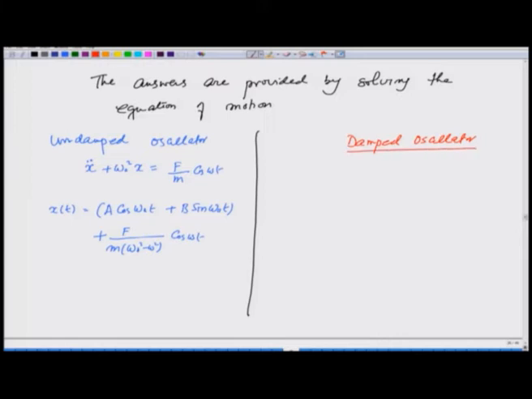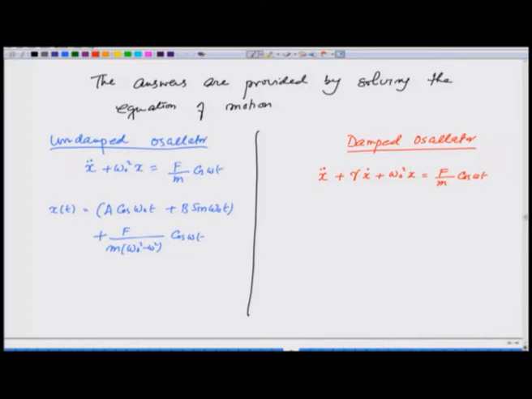In a damped oscillator, the equation is x double dot plus gamma x dot plus omega 0 square x equals F over m cosine of omega t.